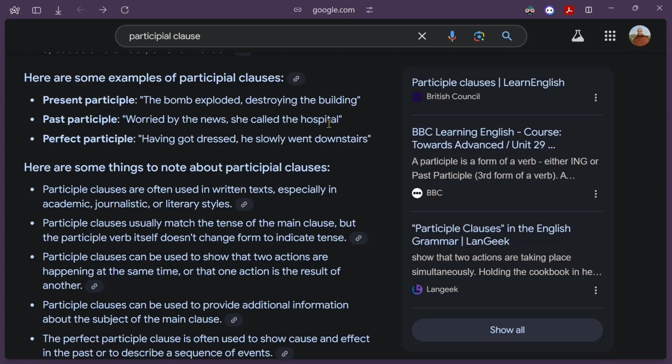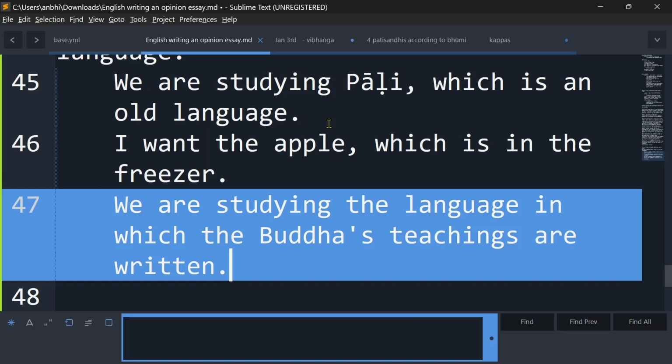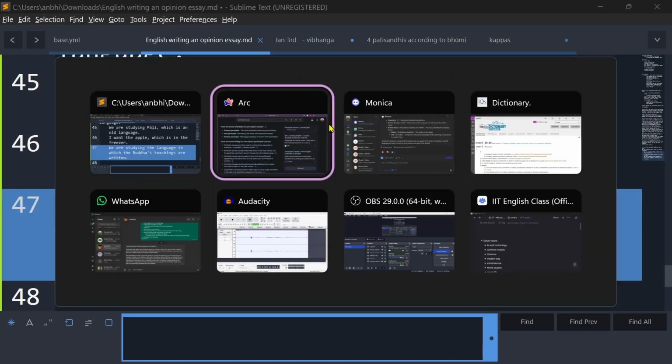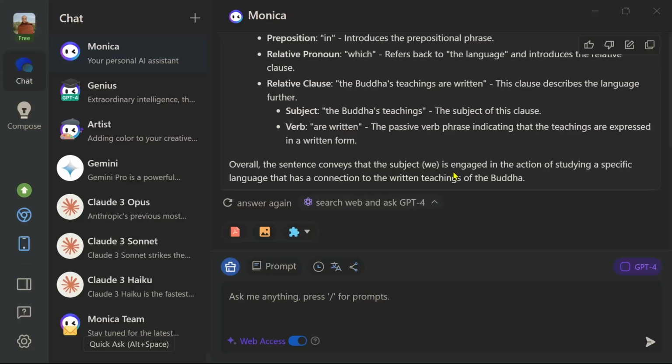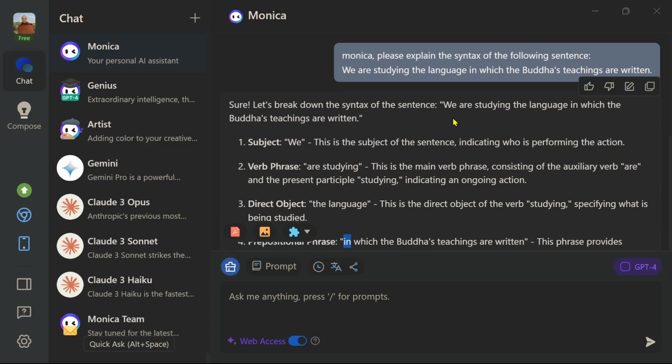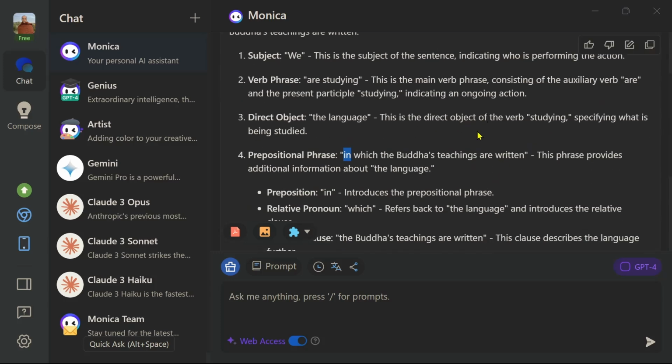Your question, consisting? We also use participle clauses. We are studying indicating verb phrases. This is the main verb phrase, consisting.